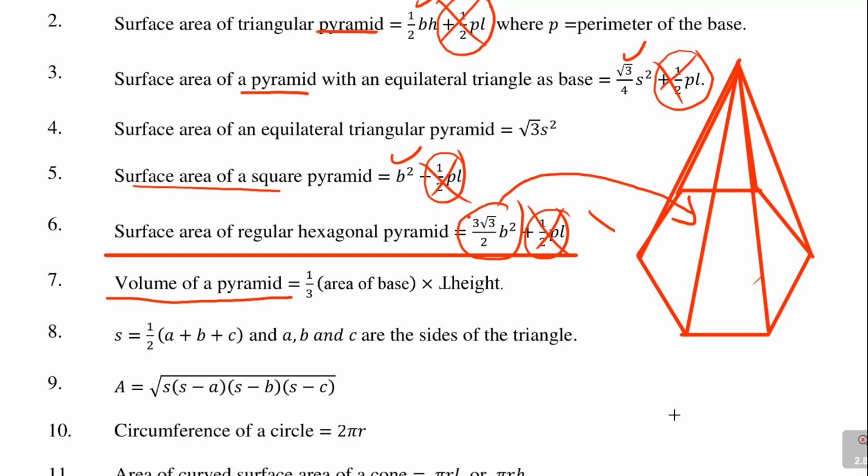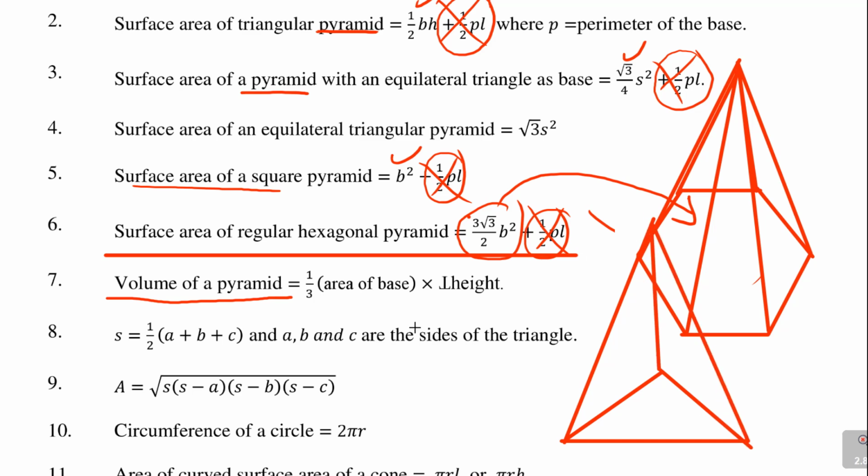Hexagonal, it can be triangular, so it can be like this, but still a pyramid. See that? It can be square like this, but still it will be a square pyramid like this.